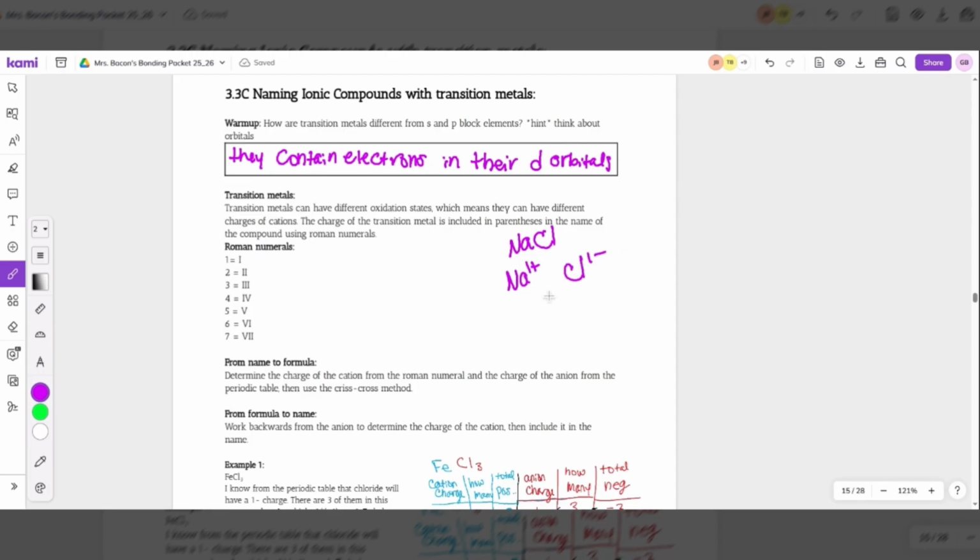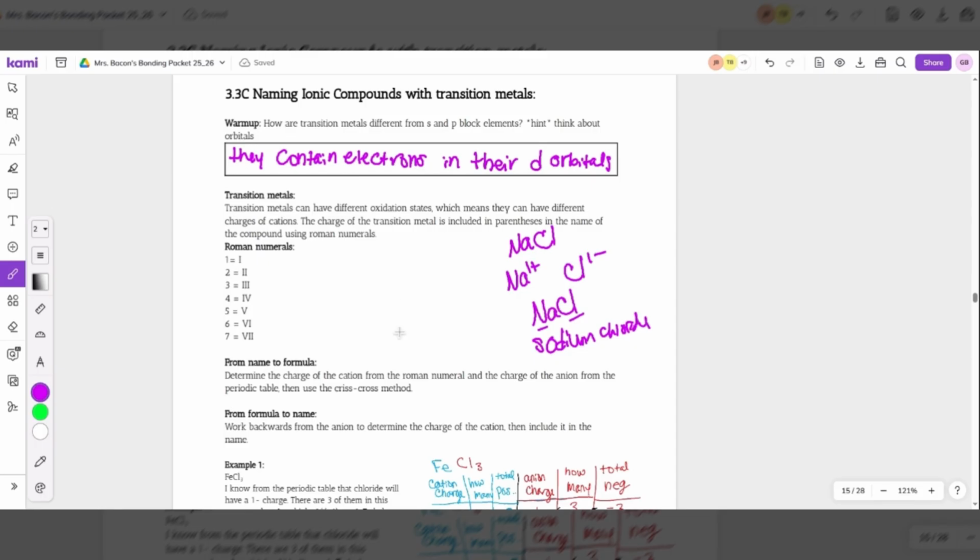So when I crisscross, the only way to balance out these charges gives me a 1 and a 1. So when I'm naming it, all I have to say is this is sodium and this is chloride. There's no version of sodium that could be contained in this. So the name of this is just sodium chloride.